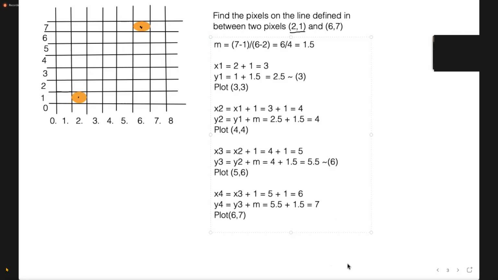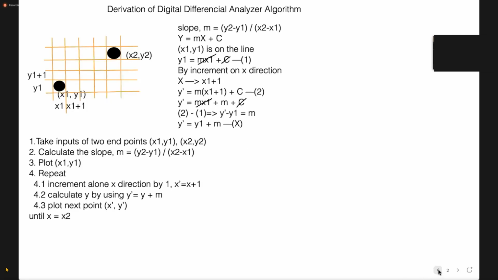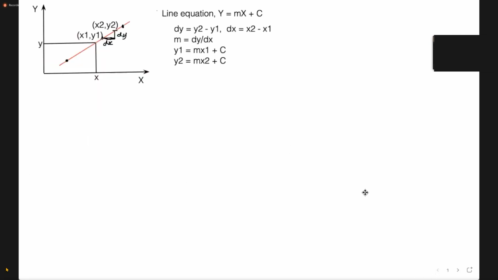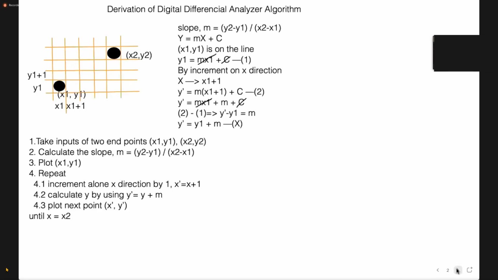As I calculated the equation earlier, y dash equal y plus m. At the same time, by changing the y direction, I can calculate x also.